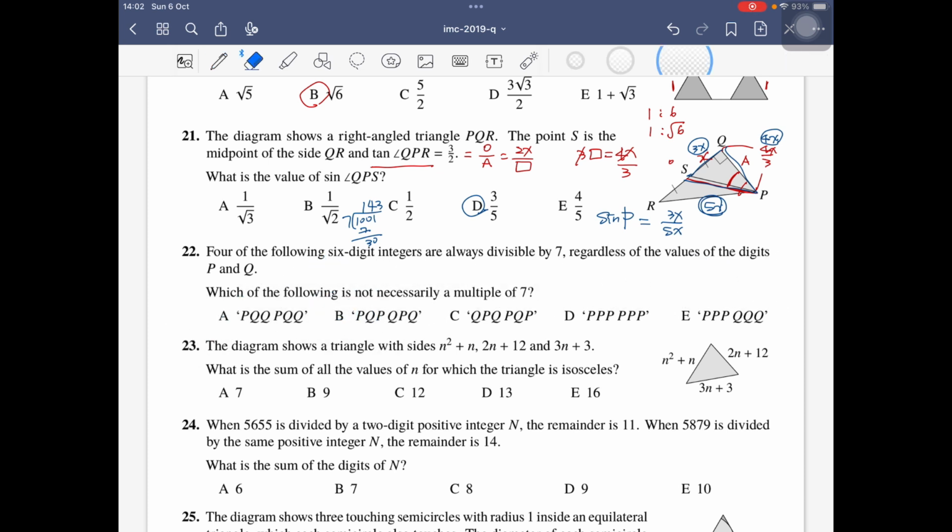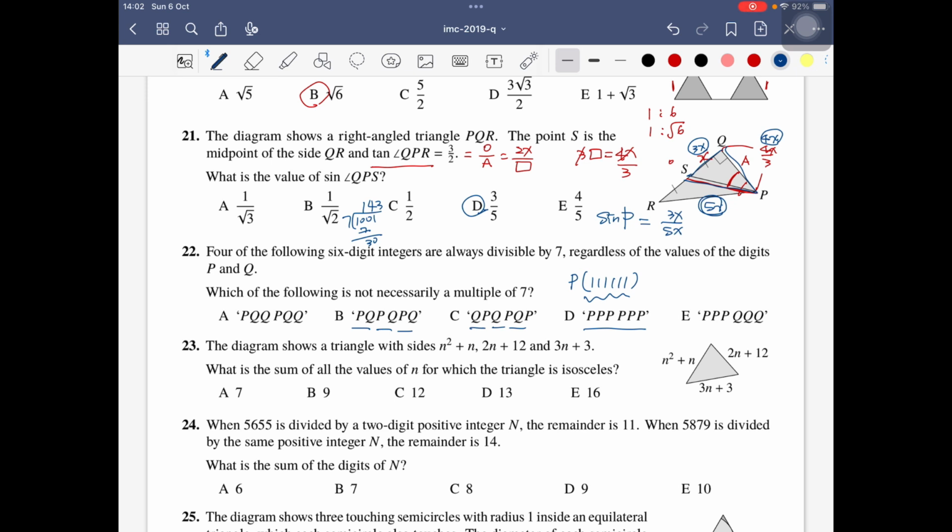Let's go for C. QP, QP, QP. Actually, this is the same because it repeats again. So we will have 10 to the power of 4 plus 10 to the power of 2 plus 1. So no need to think about it.